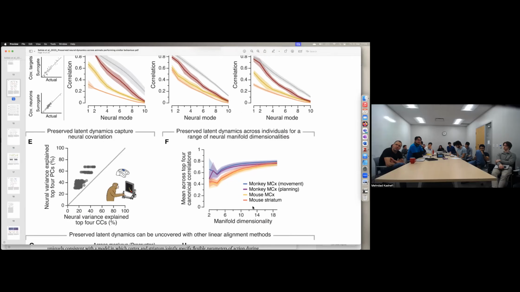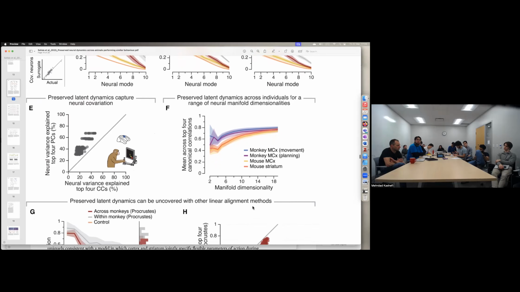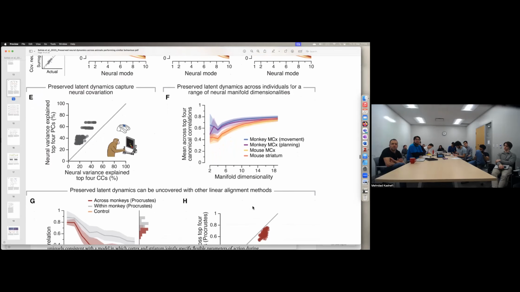So maybe it's related to John's question before, but the key point of the difference between the mice and the monkeys could be ascribed to the structure of the motor cortex of the mice and the monkeys, because its specification and structure is a little bit different, since the monkeys may be more segregated into different parts of the body. What do you think about it?